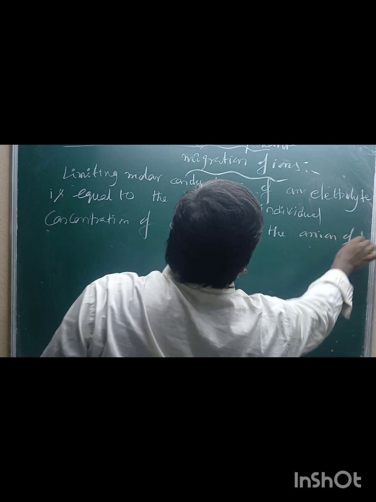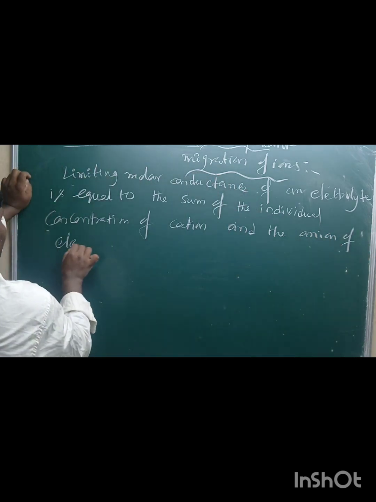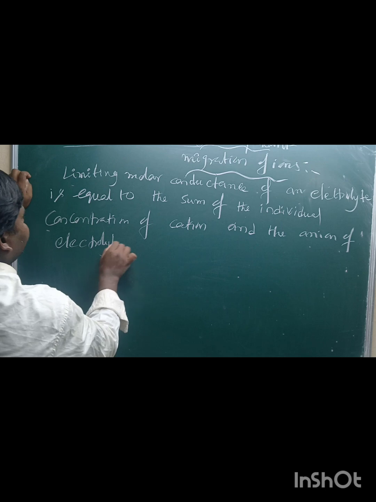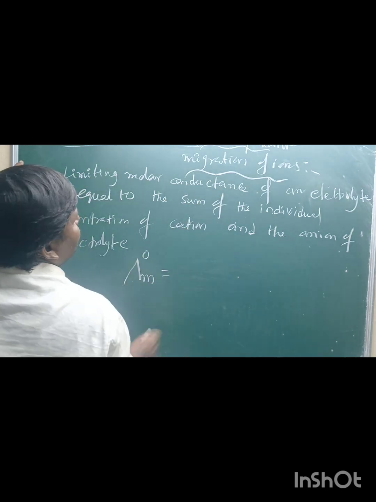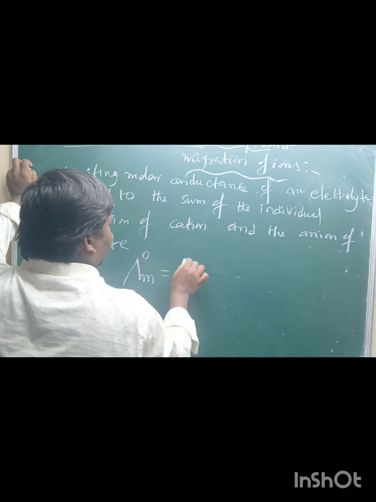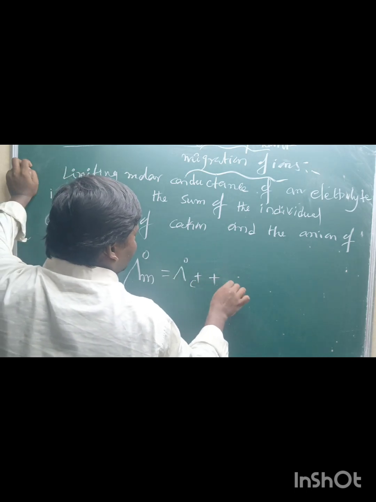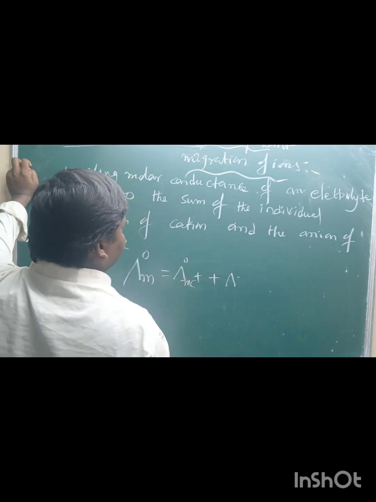That is called limiting molar conductance. Lambda m naught is equal to lambda m naught of the cation plus lambda m naught of the anion.